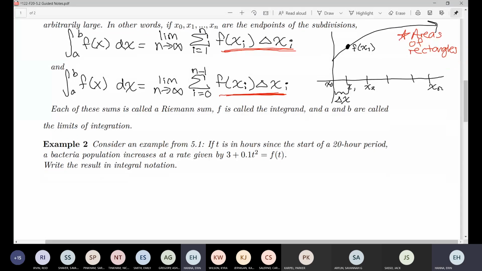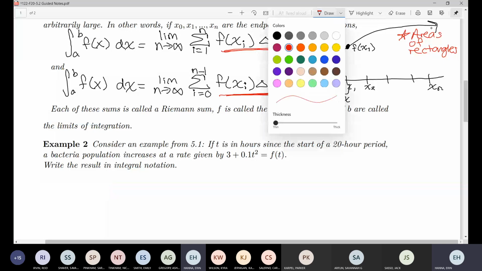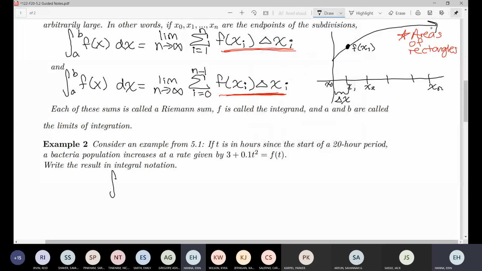Well, we have an integral symbol. And the thing we're integrating is that rate function. Now my bounds are essentially going to be where the sum starts and where the sum ends. Well, we're going over a 20-hour period and we're starting from when it started.